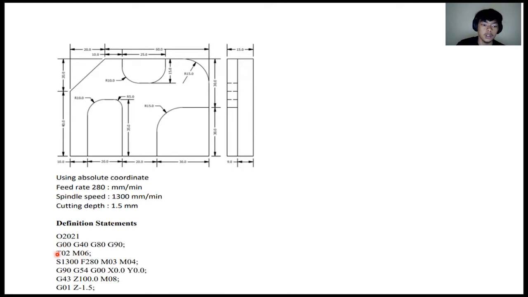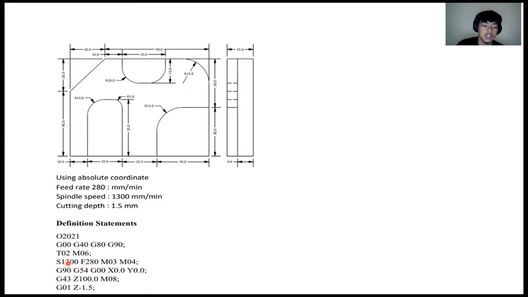The third block is the tool change for slot number 2. Next, S1300 and F280 are the spindle speed and feed rate given in the parameters. M03 and M04 represent the spindle rotation clockwise and counterclockwise.